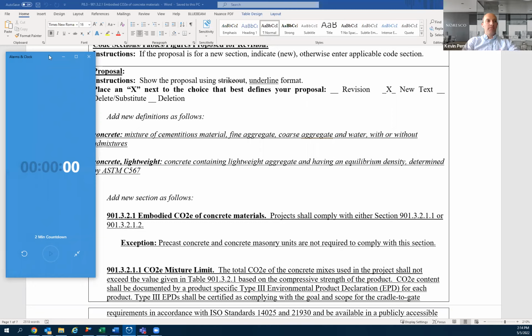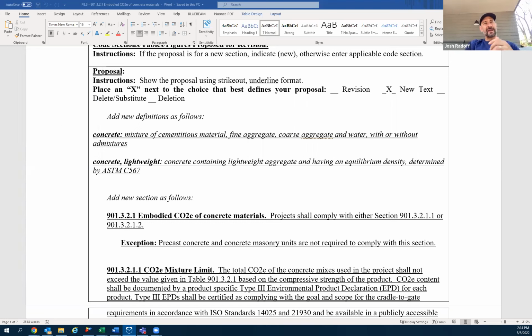Josh, go ahead. Hi, thanks for this proposal. This looks great. I think these are just more clarifications. You answered most of the questions I had about alignment with the state regs. This doesn't distinguish at all about the amount of CO2 from energy related impacts versus process related impacts, right?